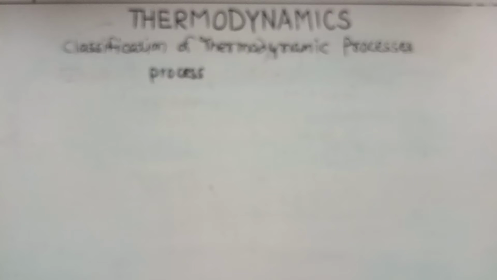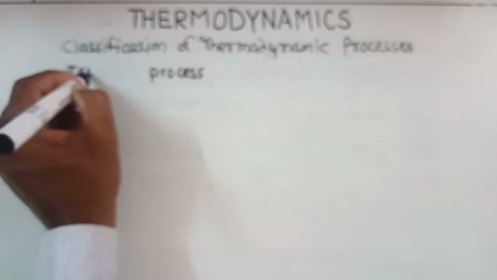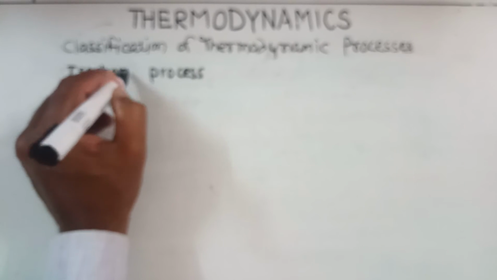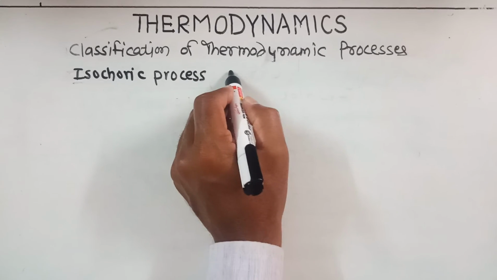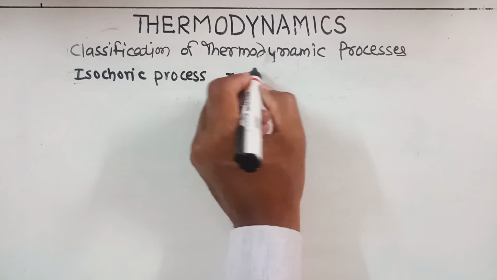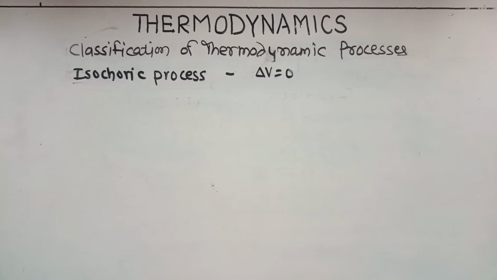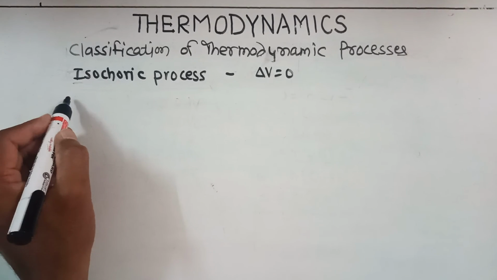In isochoric process, the volume is constant. The change in volume is 0 for the isochoric process. In isochoric process, the pressure and temperature are allowed to change.